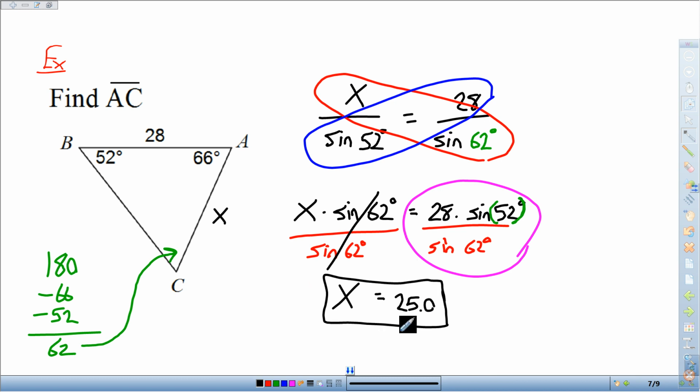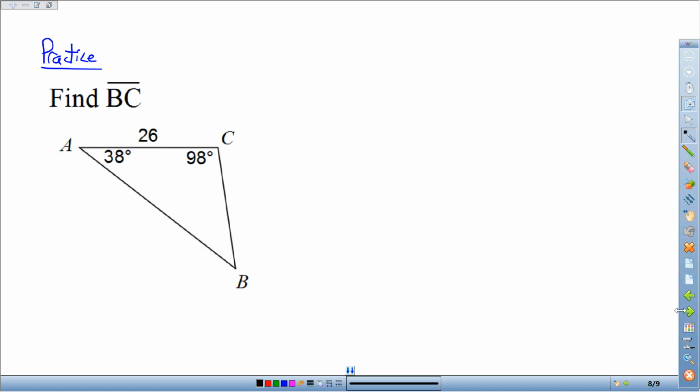All right, cool. So I want you to try out one of these on your own, and that will be this. Go ahead and draw this one out. So BC is what we're looking for. There's my side. Let's make our first ratio with this side and its opposite angle, so x over sine 38 degrees. For our next ratio, we're going to use this other side we know over the angle opposite to that side, but you can see on this one we don't know it.